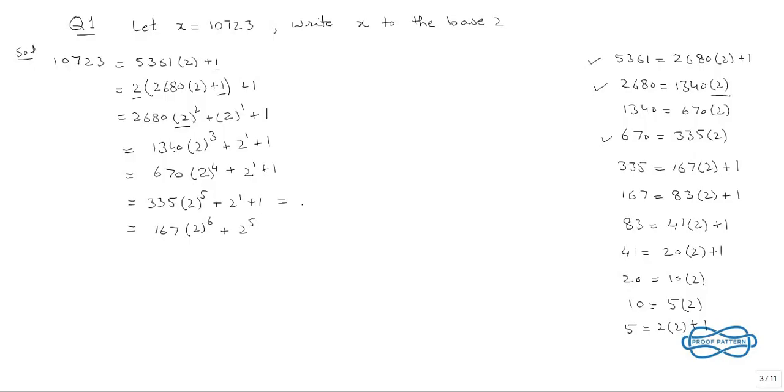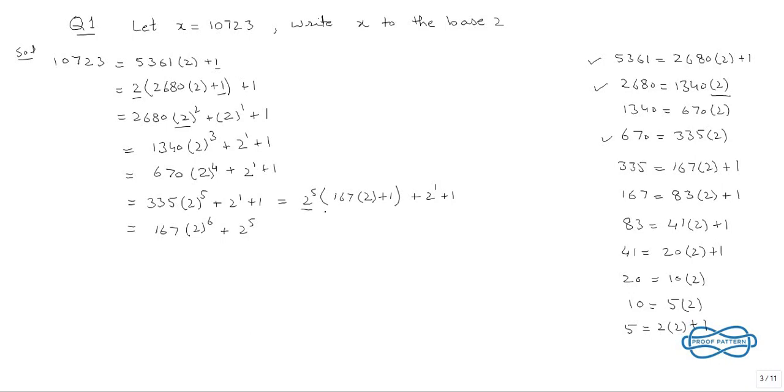which is 2 to the power 5. Okay, I will write here 2 to the power 5, and the value of 335 is 167 times 2 plus 1 plus 2 to the power 1 plus 1.